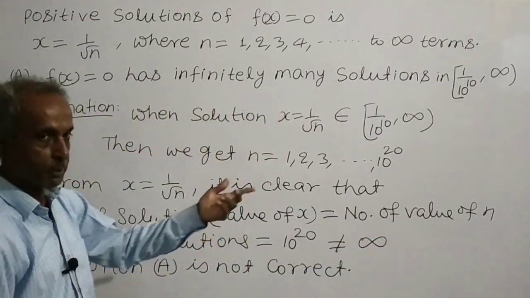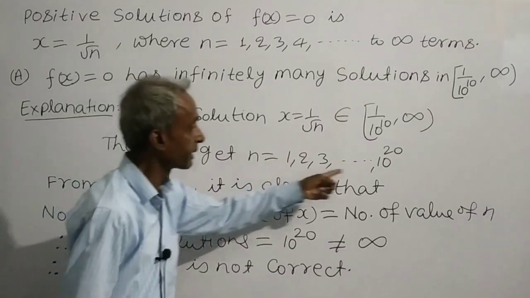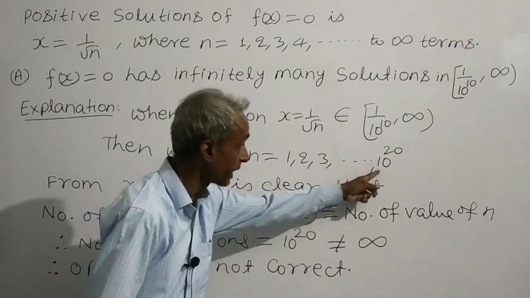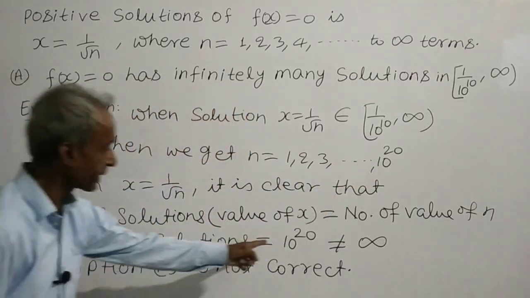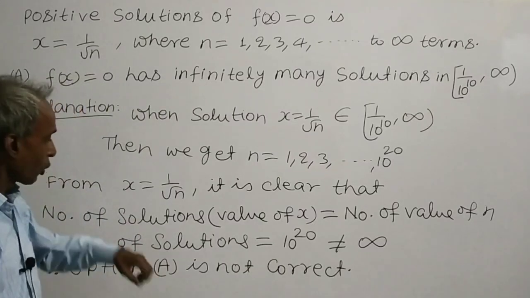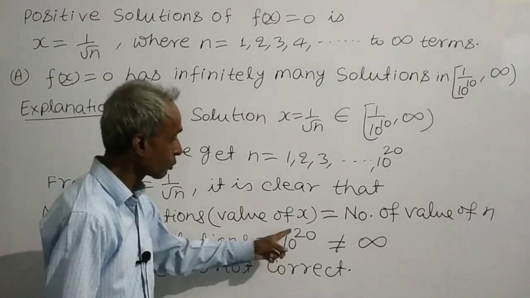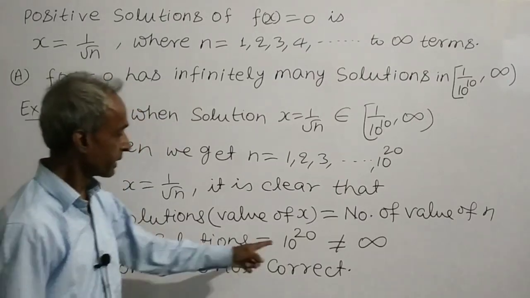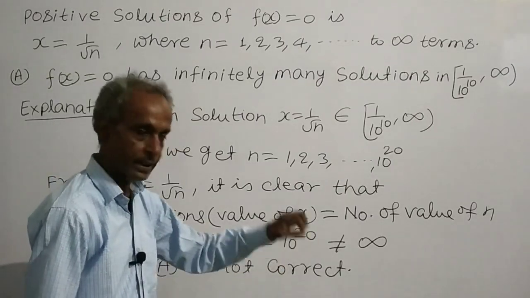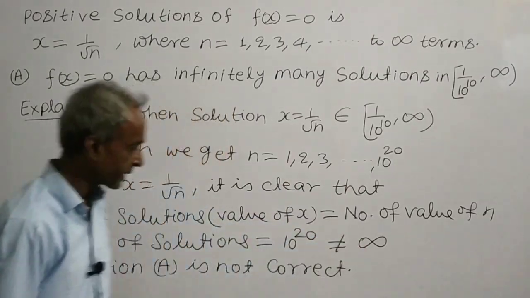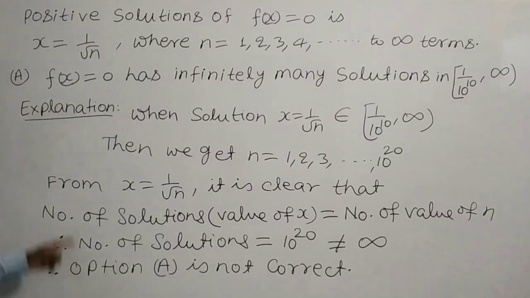Since the number of different values of n that we get is 10 to the power 20, the number of solutions will also be 10 to the power 20. Since 10 to the power 20 is not equal to infinity, this option A is not correct.